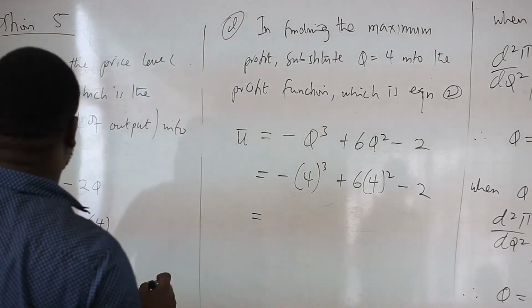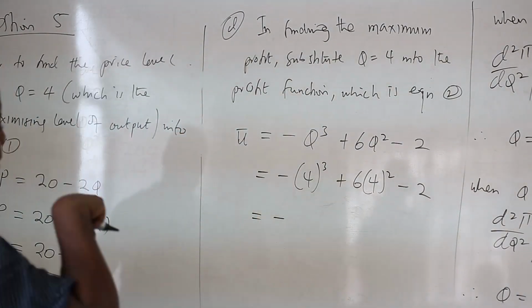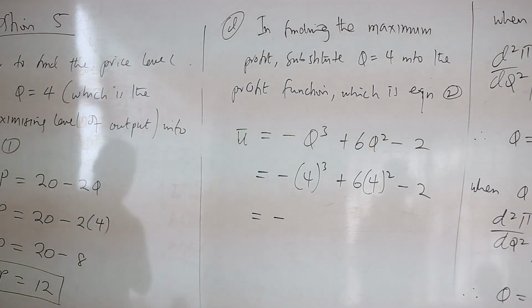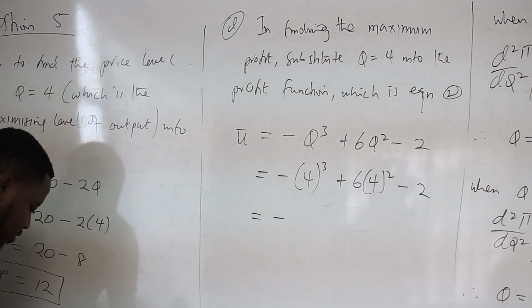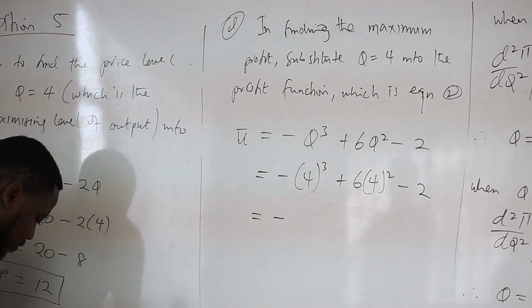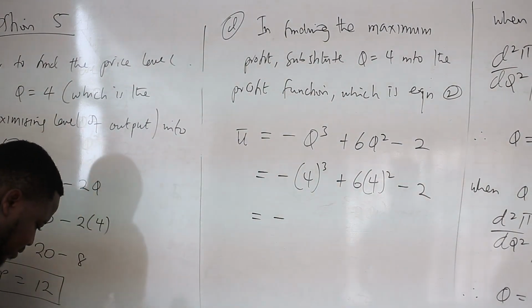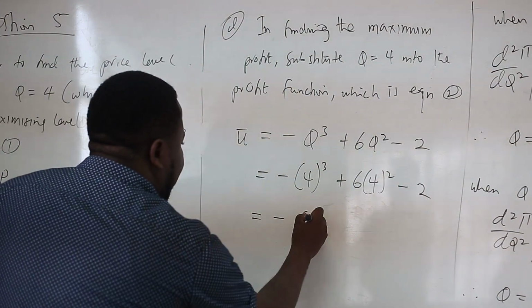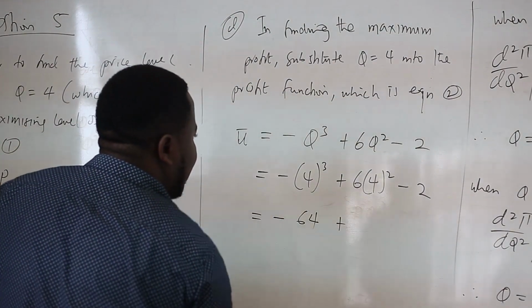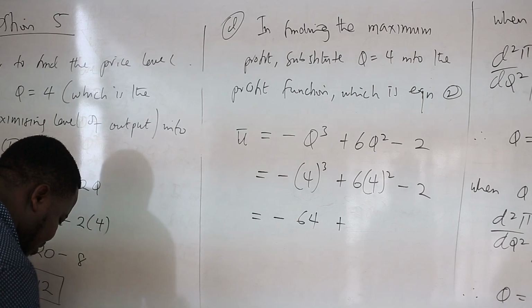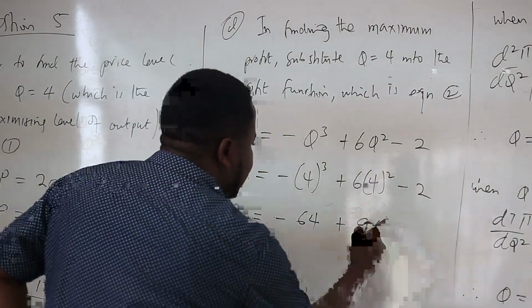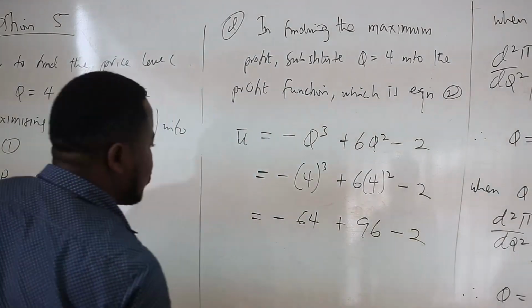And this is equal to minus 4 cubed, which is 64: 4 times 4 times 4 gives 64. So minus 64 plus 6 times 16, which is 96, minus 2.